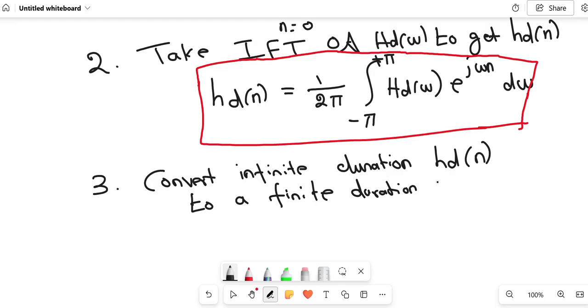The finite impulse response coefficients are nothing but the FIR filter h(n). Mathematically, how do you convert the infinite impulse response coefficients into finite ones? h(n) is obtained by multiplying h_d(n) with the window function.